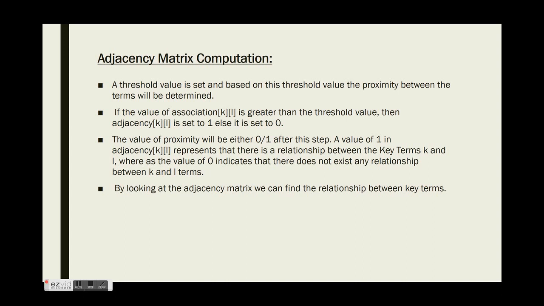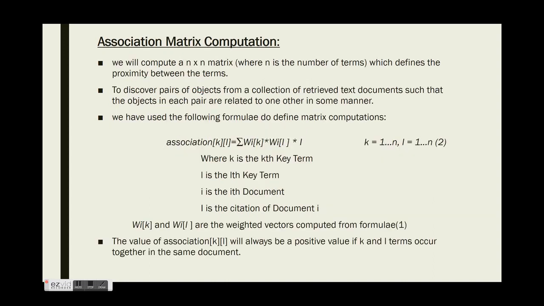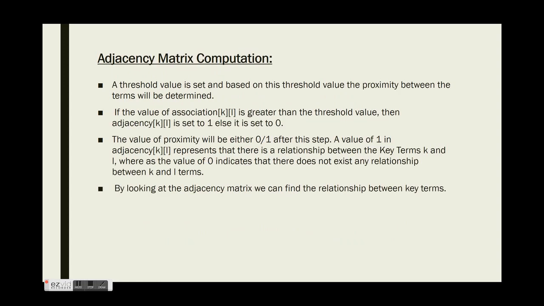We set a threshold value depending upon our assumption, and we find the proximity between the terms for that threshold value. So if the value of the previously calculated association matrix is greater than the threshold value, then the adjacency matrix is set to 1, or else it's set to 0.